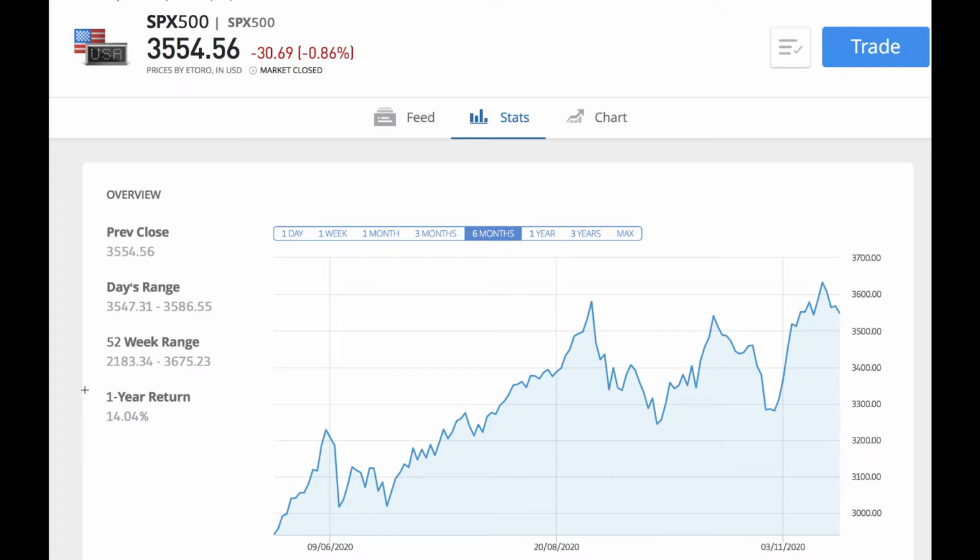There's minimum risk if you know what you're doing when investing with the SPX 500 and the indices and the FTSE 500s and 100s. Minimum risk, and they always have high percentage returns. Most FTSE 500s are about 10%, and most SPX 500s have a 1 year return of 14.04%, which is incredible.